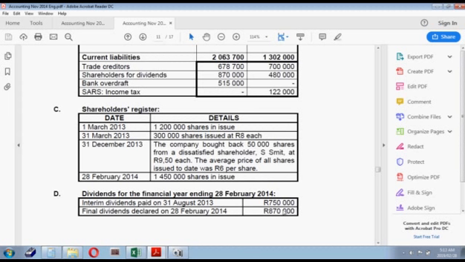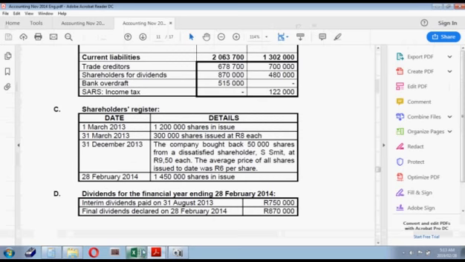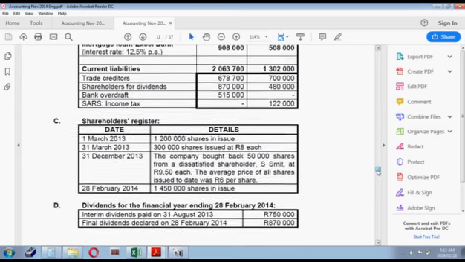We add them up, and we also know that our assumption is we start with an outflow. So we have negative 750,000, negative 870,000. Next we need to look at the opening balance at the end of the previous financial year that we find in our balance sheet, or the notes to the balance sheet.